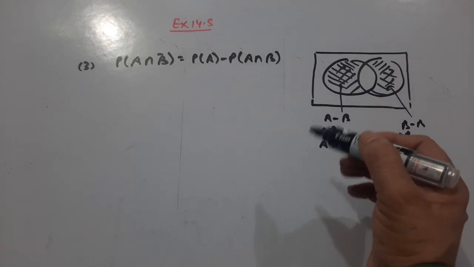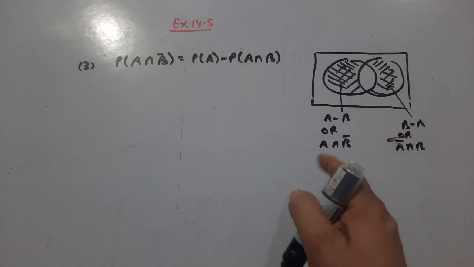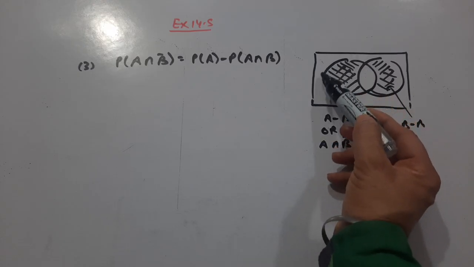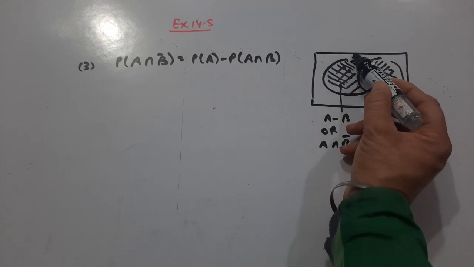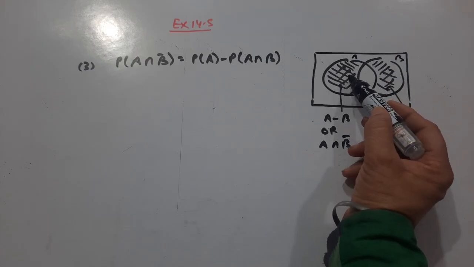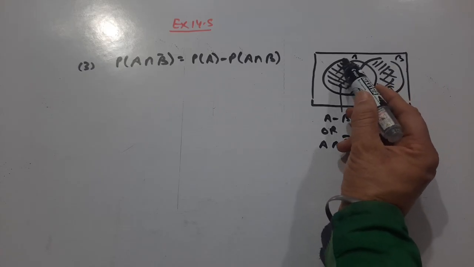Now students, we know that A minus B, we have studied in the chapter sets, N of A minus B is equal to N of A. This is set A and this is set B. And if we have to find A minus B, then what did we do?